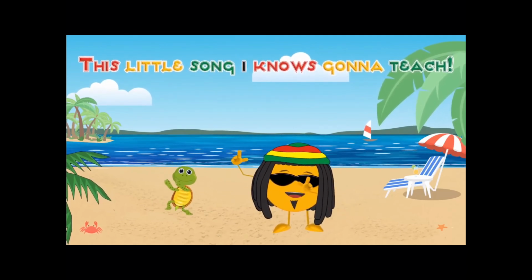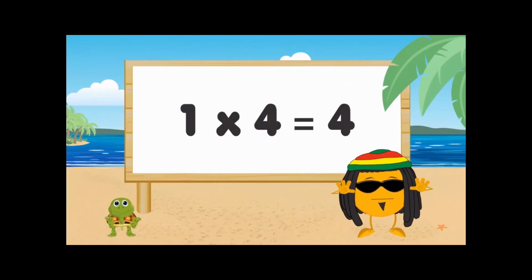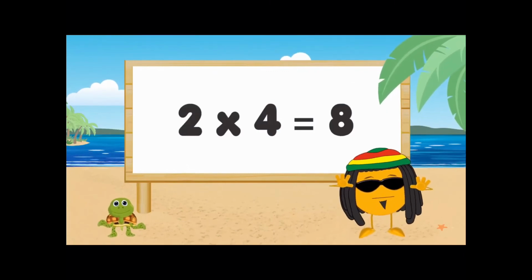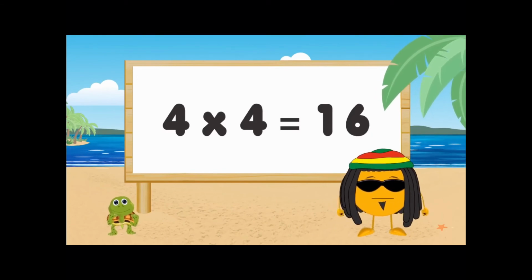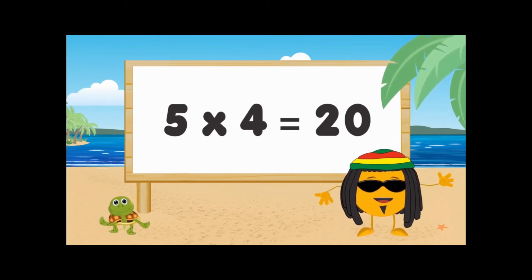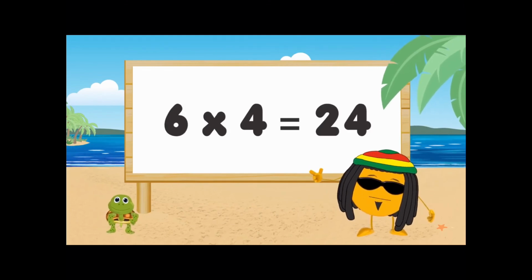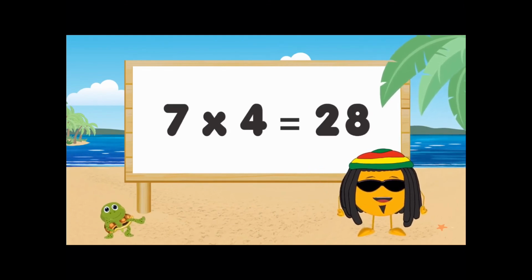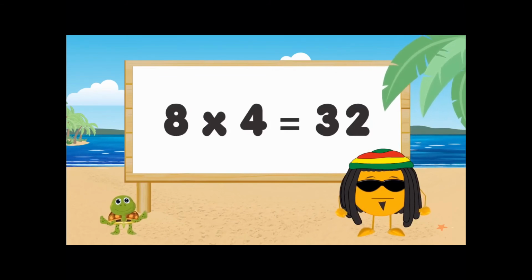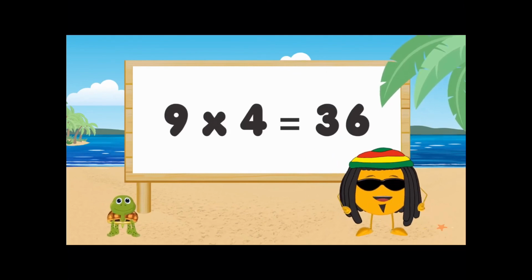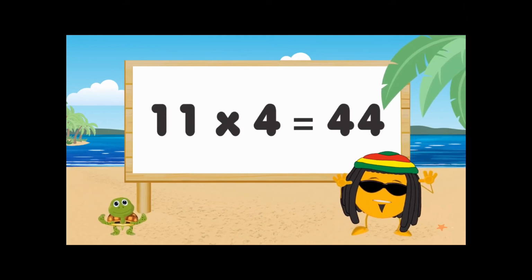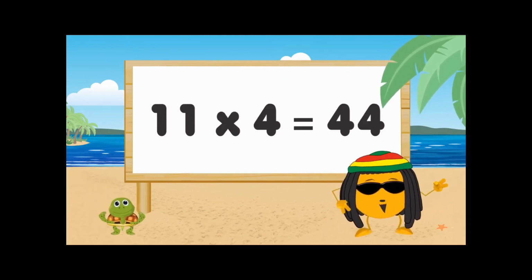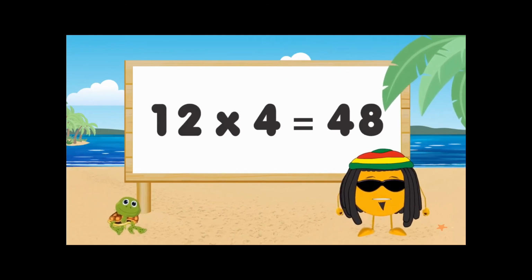This little song I know's gonna teach. 1 4 is 4, 2 4s are 8. 3 4s are 12. 4 4s are 16. 5 4s are 20. 6 4s are 24. 7 4s are 28. 8 4s are 32. 9 4s are 36. 10 4s are 40. 11 4s are 44. 12 4s are 48.